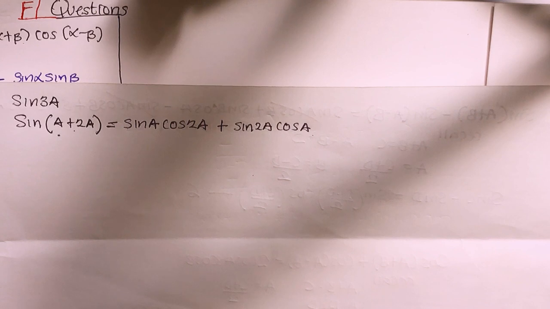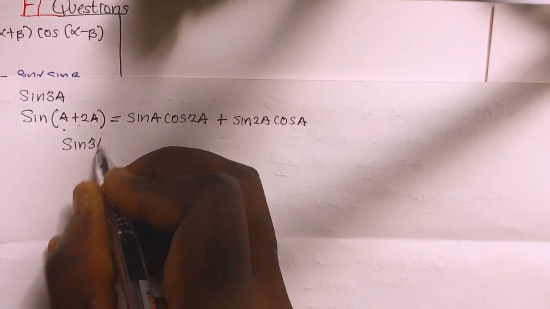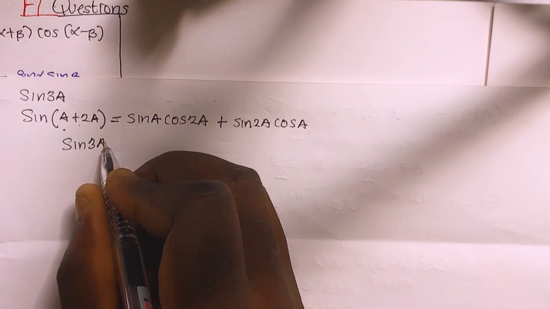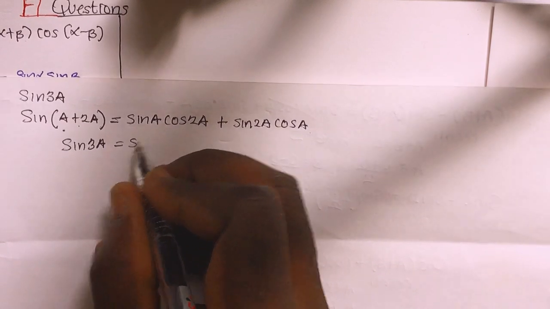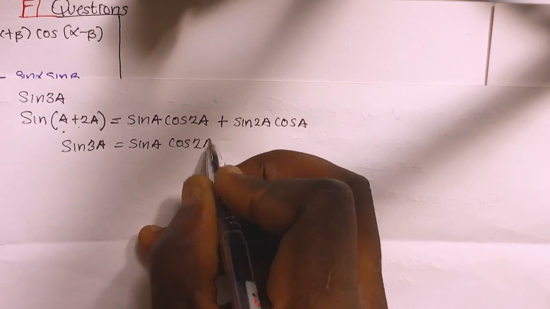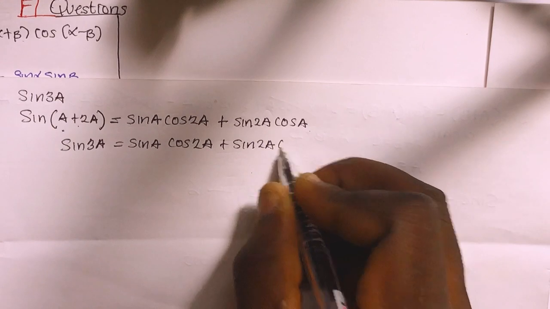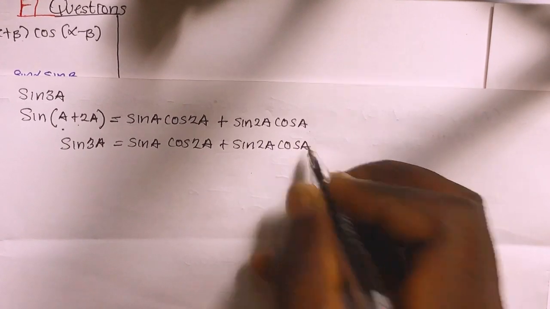Everything here will give you sine 3a, right? Which is equal to sine a cos 2a plus sine 2a cos a.